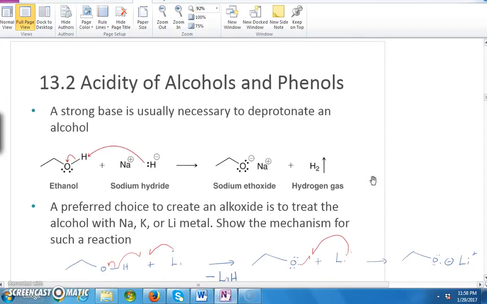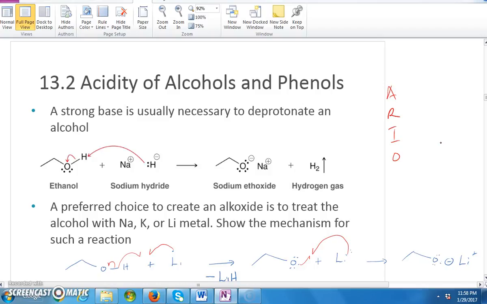Let's talk about the acidity of alcohols and phenols. Of course, we've looked at the different factors that control acidity: the atom, resonance, induction, and orbitals. And we say the more stable the conjugate base, the more acidic the corresponding acid will be.